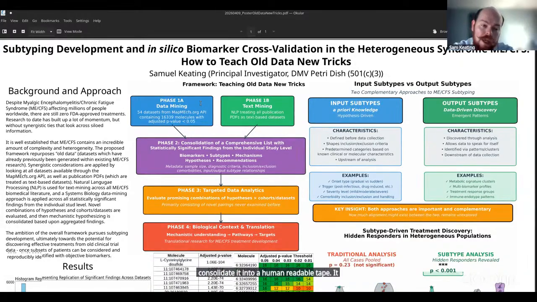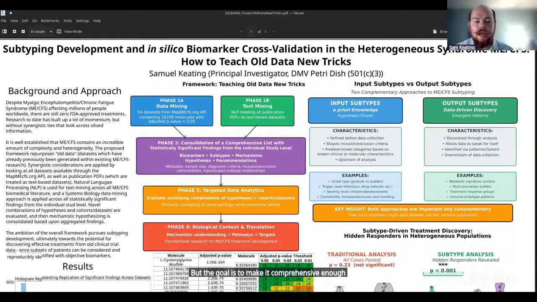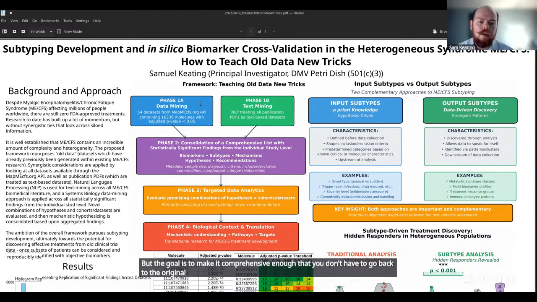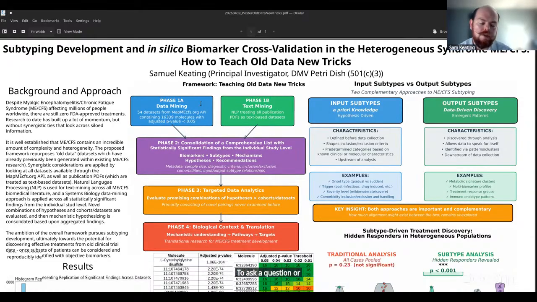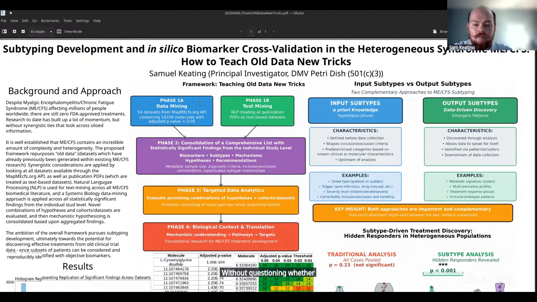It's going to be a very dense and big human readable table, but the goal is to make it comprehensive enough that you don't have to go back to the original papers to ask a question or look for additional context. Everything you would need to consult to know about the state of that study and the finding is in the human readable table. And then we can begin to look synergistically across studies beyond the individual study level without questioning whether there are mistakes or fabricated lies or anything of that sort, just looking at what patterns are evident.